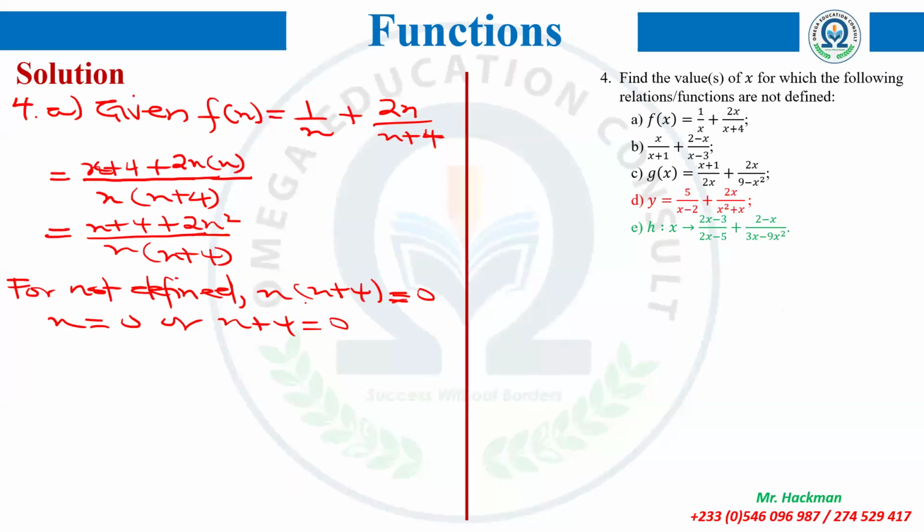In your previous assignment, when some of you had this, you only worked on this particular factor. Please, this one is also a factor. You should equate it to 0. So that gives you x is equal to minus 4 here. Here, x is already solved for. So you draw your conclusion. Therefore, x will be equal to 0 or minus 4. Is my point well made?